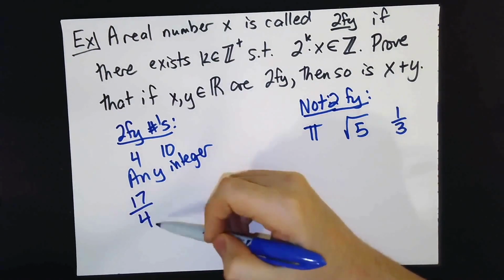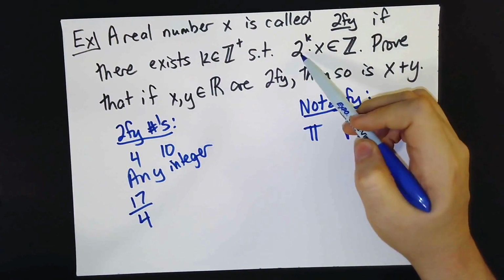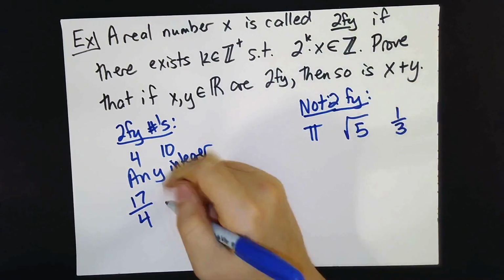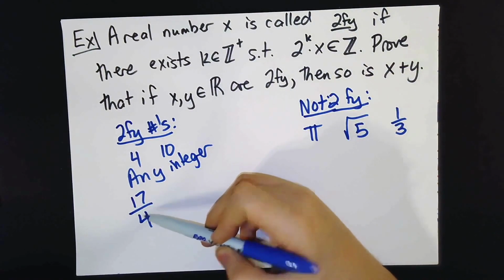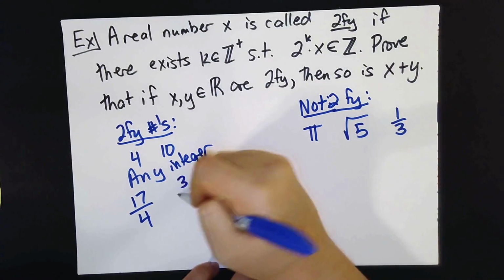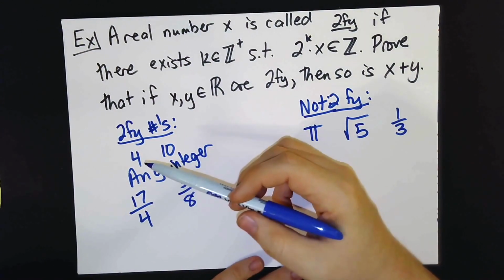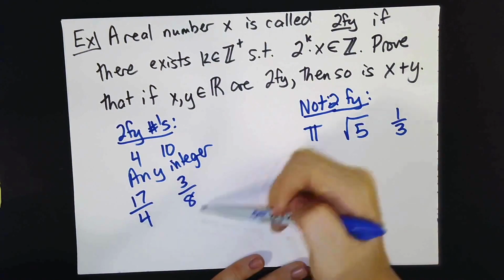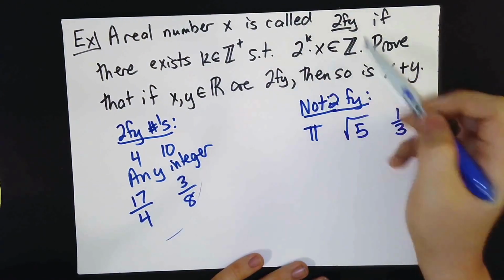On the other hand, 17/4, this is 2phi because I can multiply it by 2 squared, and that will give me 17, which is an integer. Similarly, 3/8, all of these kinds of things where I've got a power of 2 in the denominator and an integer in the numerator, all of those are going to fall under this definition.